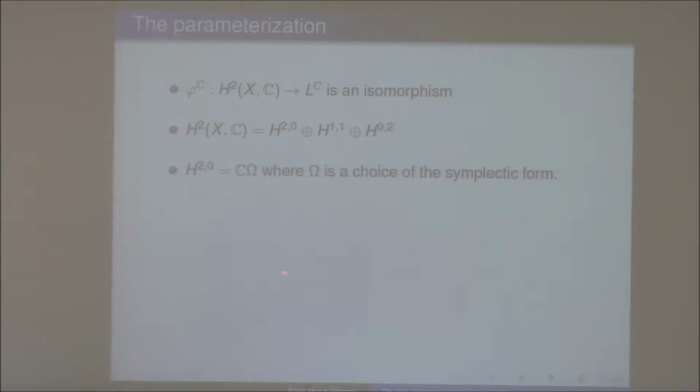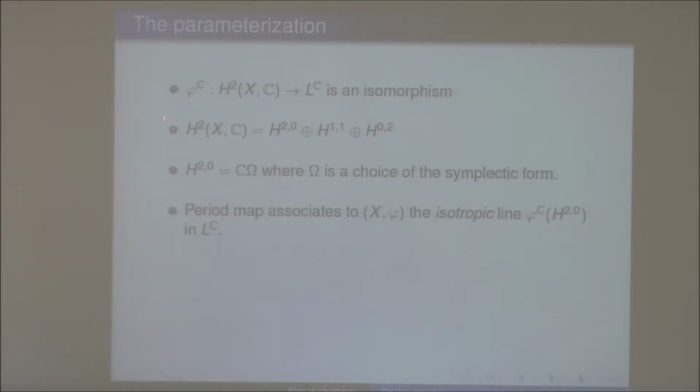H20, there's a nowhere vanishing holomorphic symplectic form. So H20 is generated by this, it's one-dimensional. And you have a map. And the map is, you associate to every pair this line in this space.